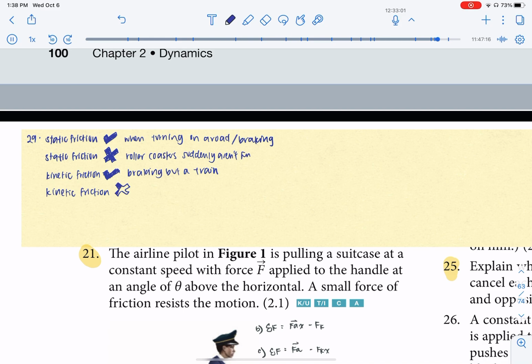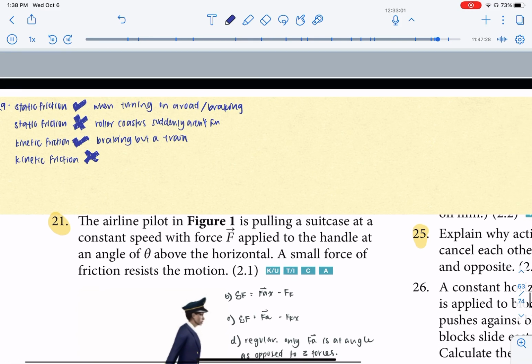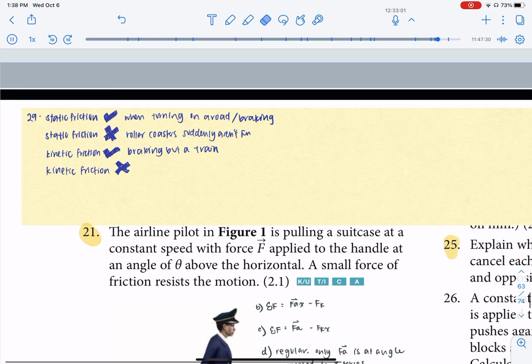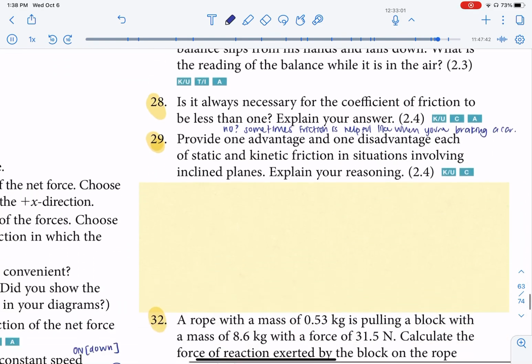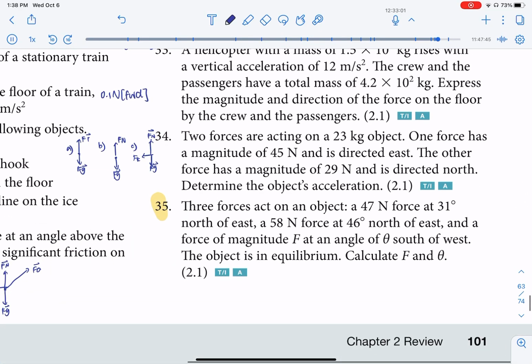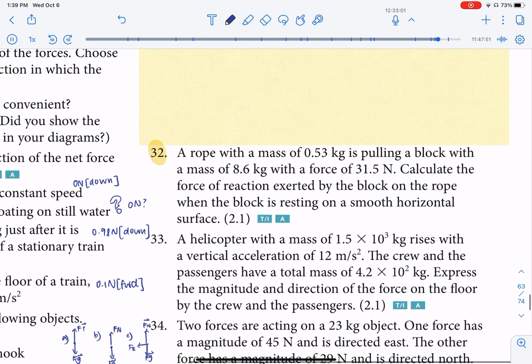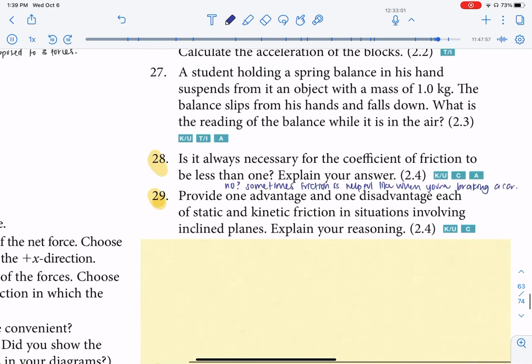This is a uniform circular motion question. So we do a bird's eye view of this question, looking down on the cage that they're in.